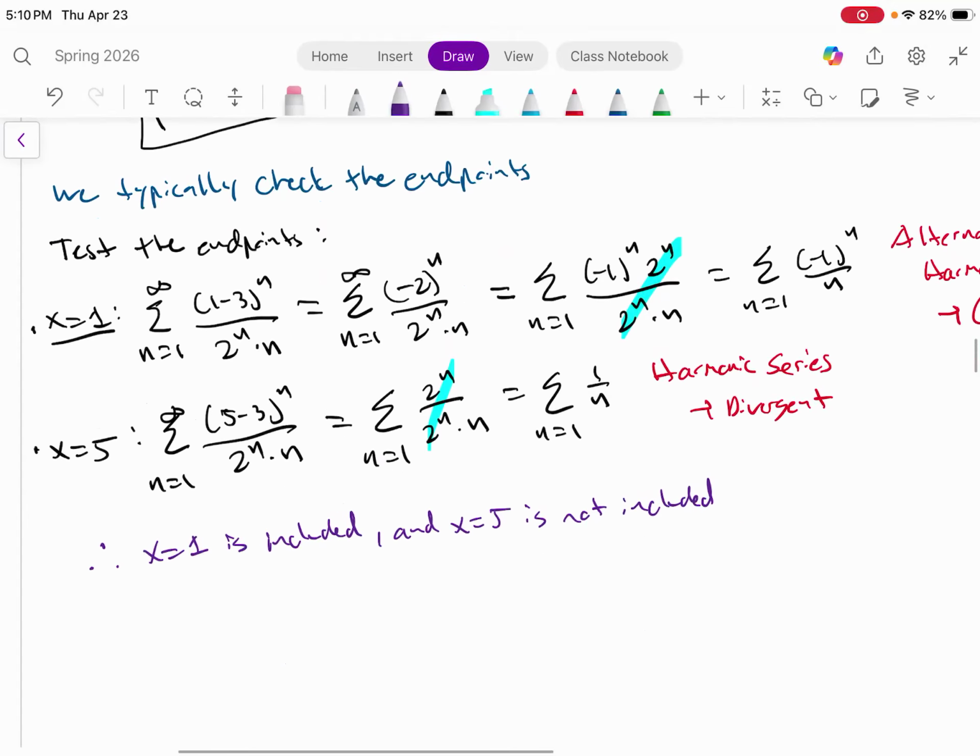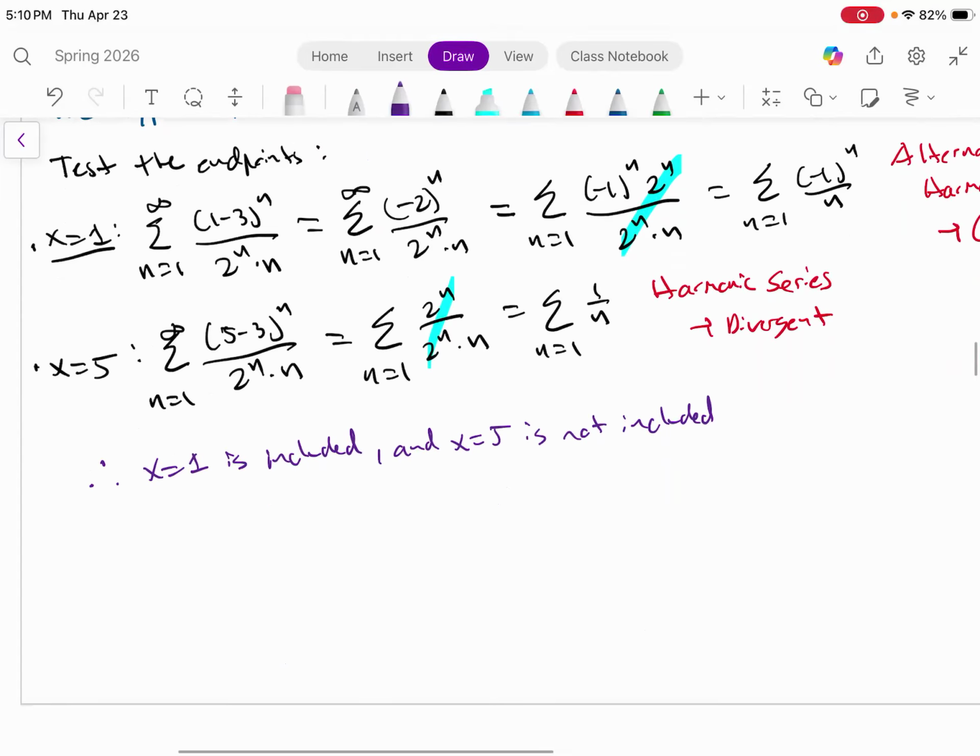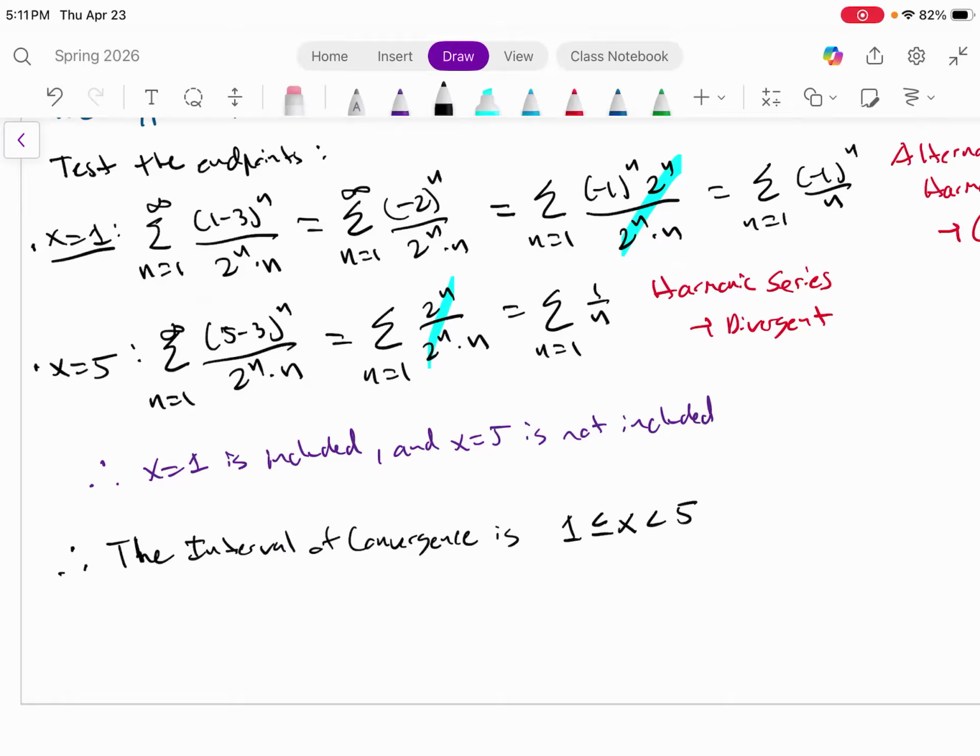Okay, so we have our interval of convergence. Therefore, the interval of convergence is 1 less than or equal to x, which is less than 5.